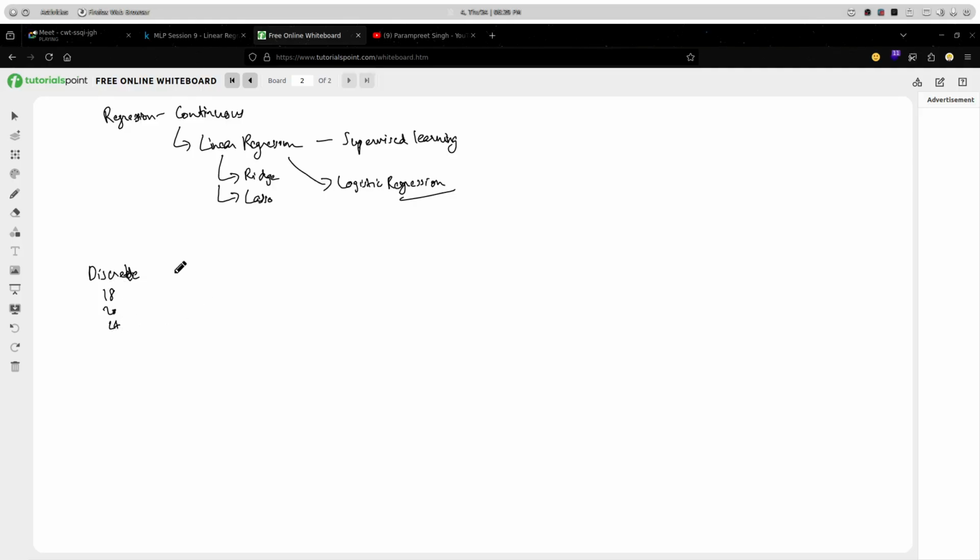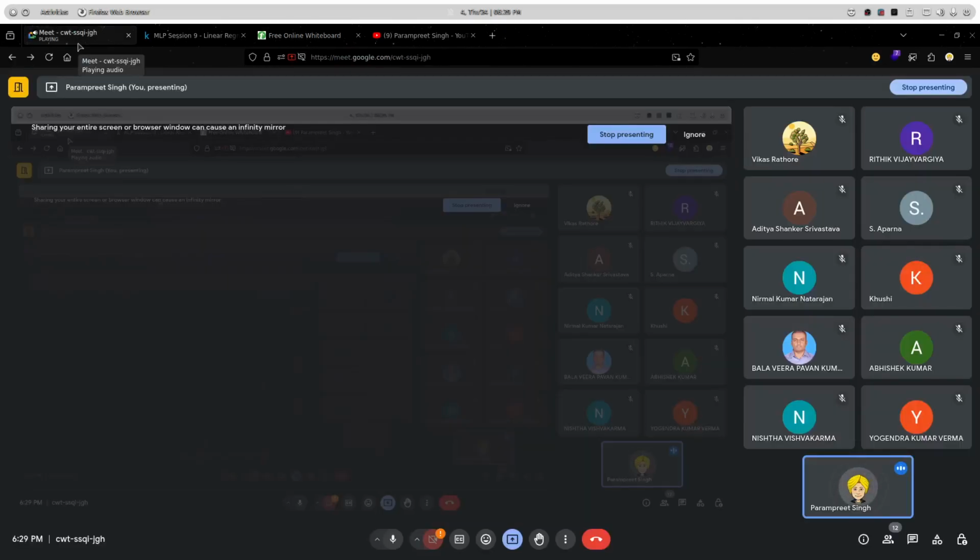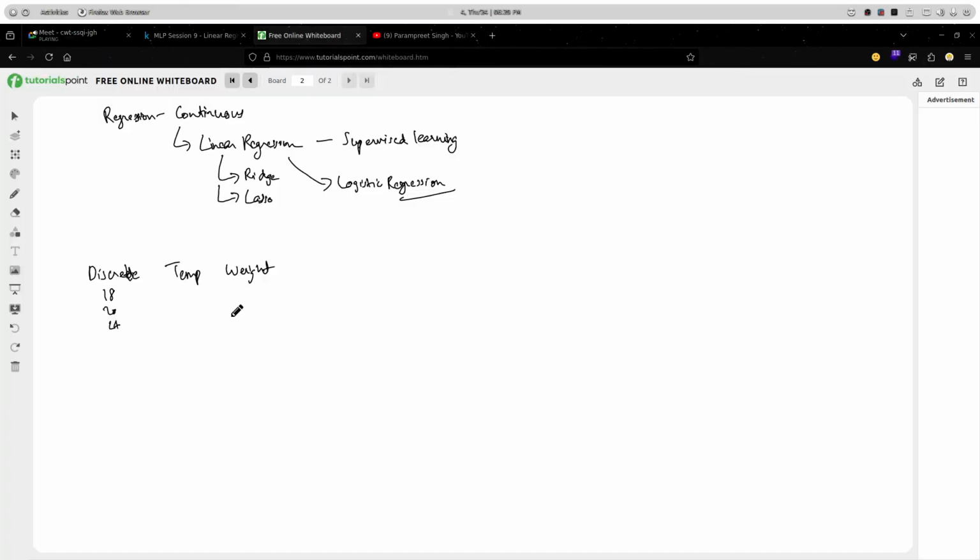But temperature and weight we cannot count, because temperature has floating point values, like 24.6 or 24.8. So there can be infinite values in a specific range. That is the continuous variable.